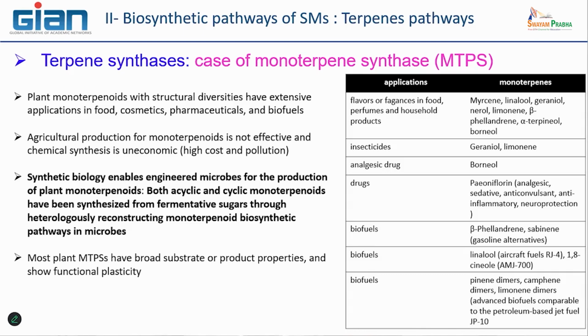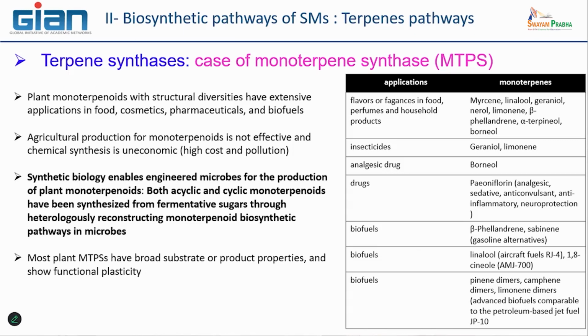So there are a lot of examples for which the possibility to identify these monoterpene synthases led to the production of specific microorganisms able to produce these plant monoterpenes used after for different things.